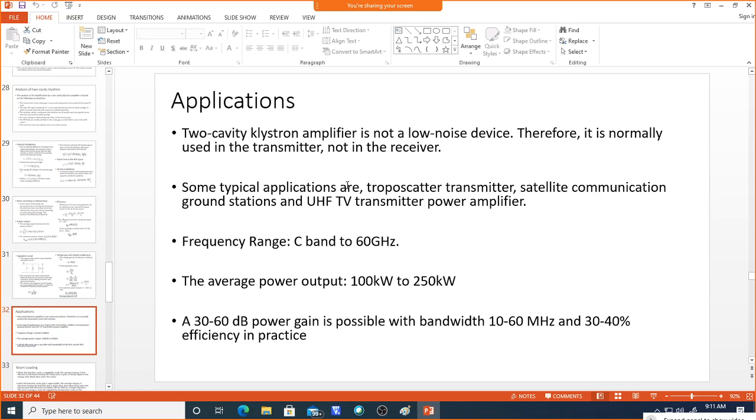The average power output that we can achieve is 100 kilowatt to 250 kilowatt, and the power gain is also high compared to the reflex klystron, 30 to 60 dB, with a bandwidth of 10 to 60 megahertz, and an efficiency around 30 to 40 percent. So this is about the two cavity klystron.